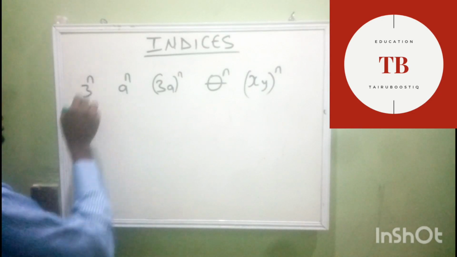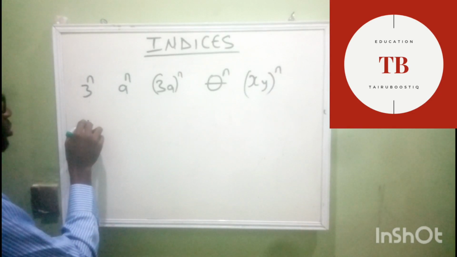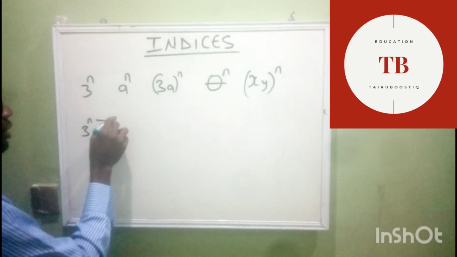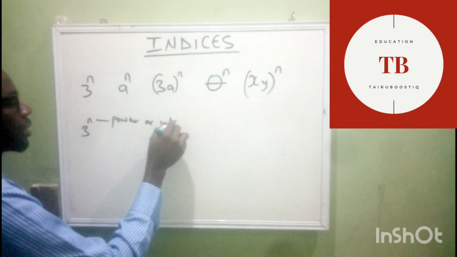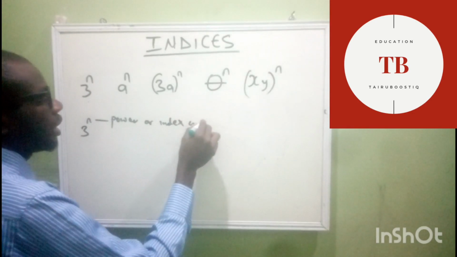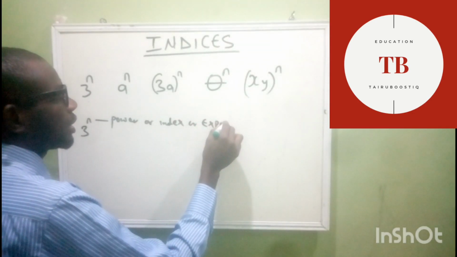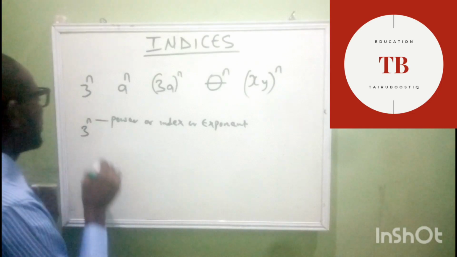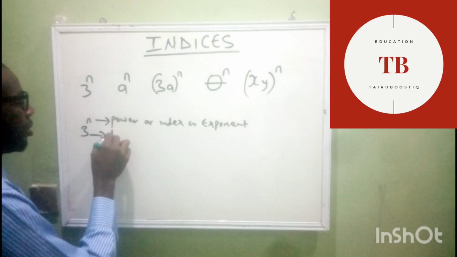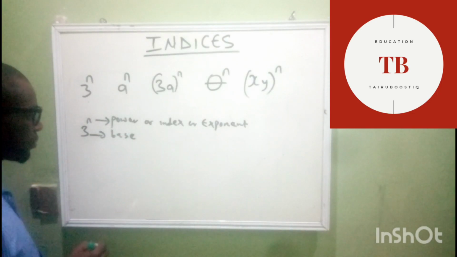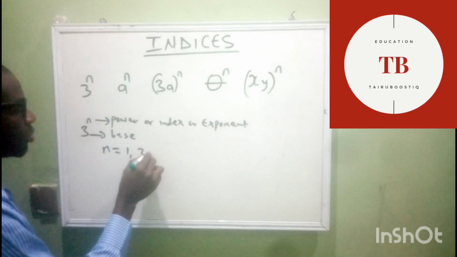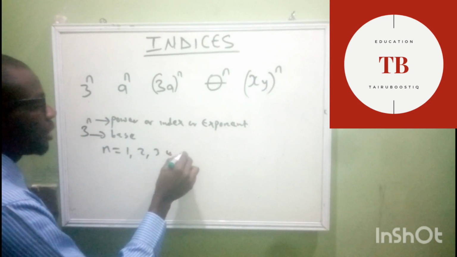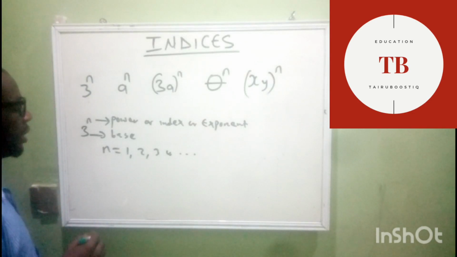When you look at 3 raised to power n, we call this n the power, or the index, or the exponent. That is the name of the n. This 3 is called the base. And this n can range from 1, 2, 3, 4 down to infinity.